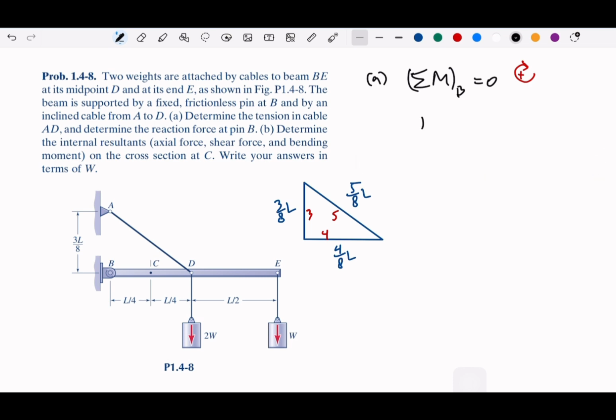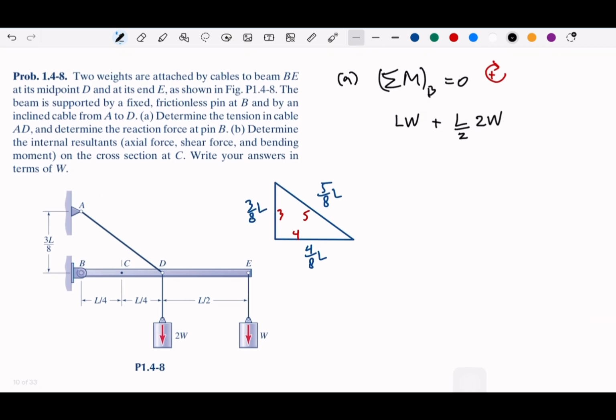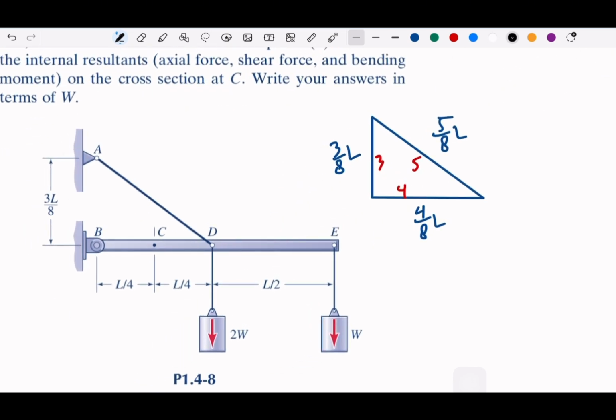So LW, plus the L over 2, and then if we take this in terms of this part here, let's say this is TAD.